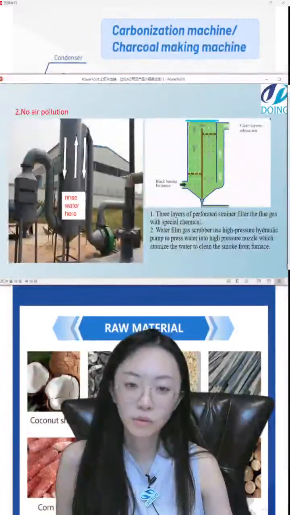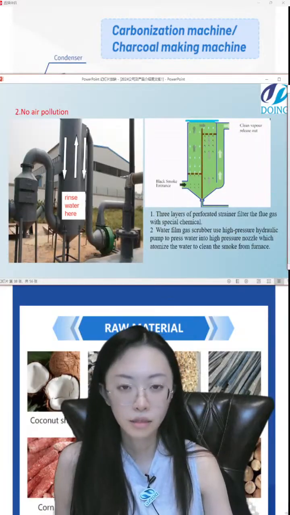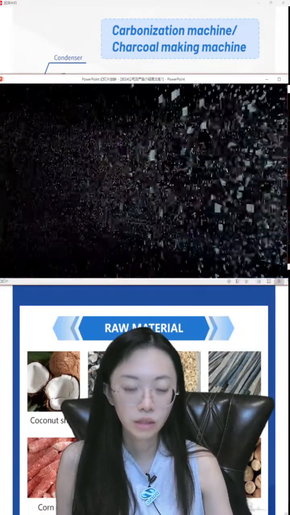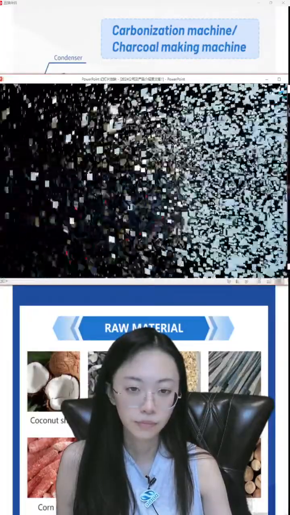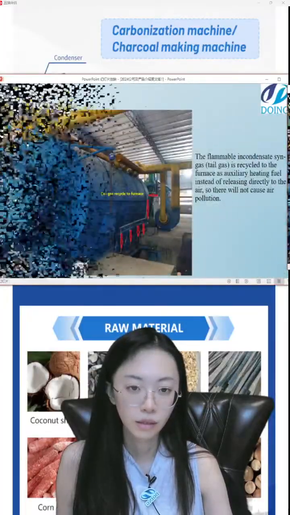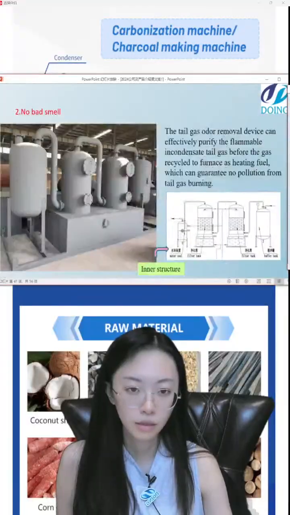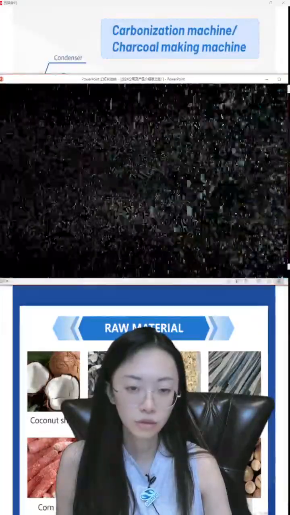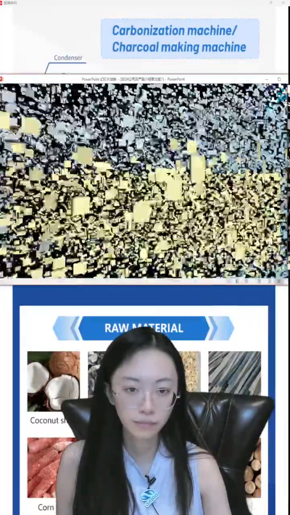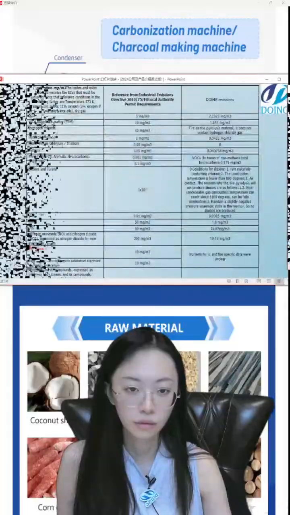There is no water pollution, and for the gas, we will use the spraying tower to clean it. And for dust, we will use the cyclone dust collector and the tail gas cleaning system to purify it.